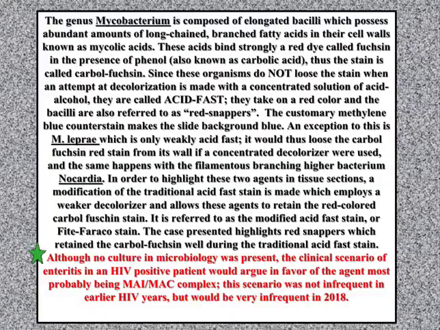Mycobacterium. And I offer you some information in the interest of time. Let me just tell you what's in red. Although no culture in micro was present, the clinical scenario of enteritis in HIV-positive patients would argue in favor of probably being MAI-MAC complex, a scenario that was not infrequent in the earlier HIV years.